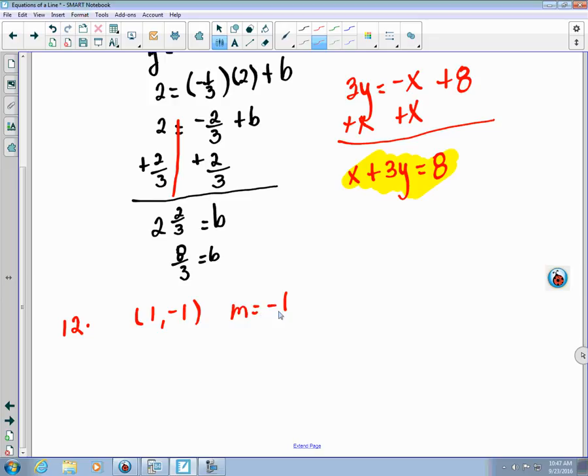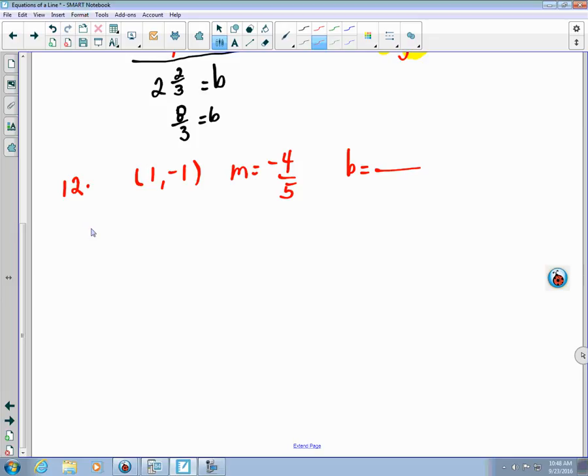Negative 1/4? Negative 4/5? All right, so I need my b, correct? So I got that x equals 1. I got that y equals negative 1. Let's go to mommy equation. y equals mx plus b, slope-intercept.